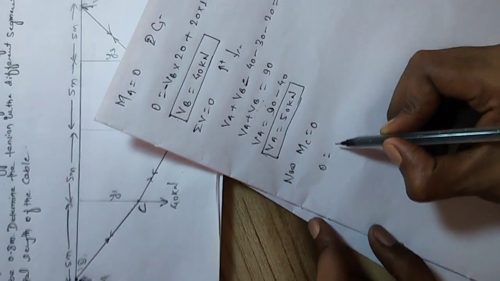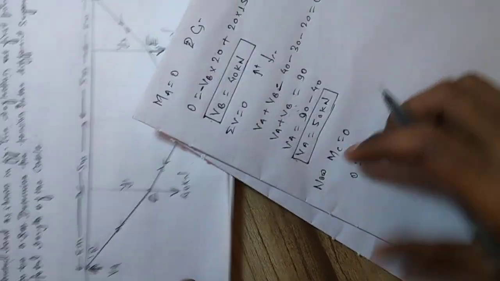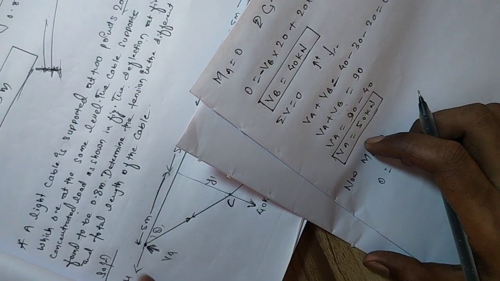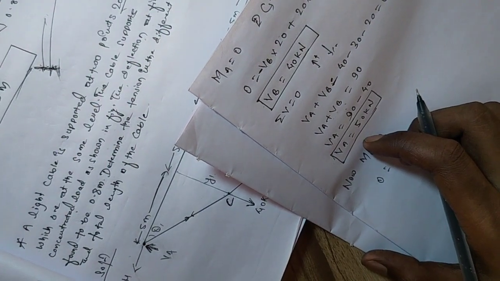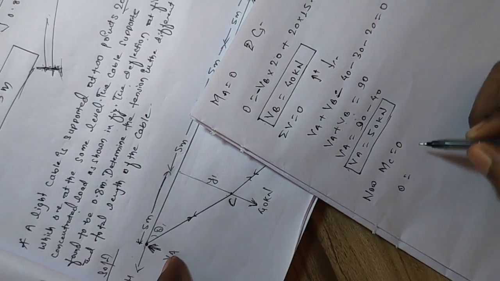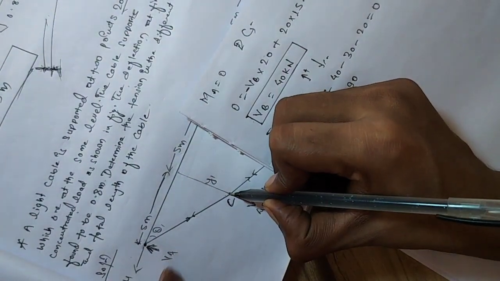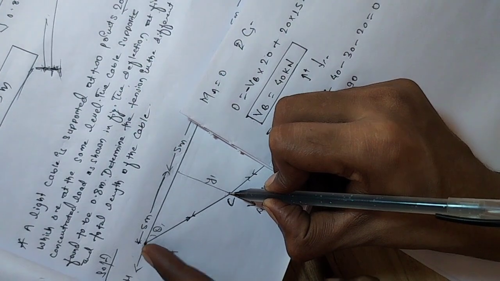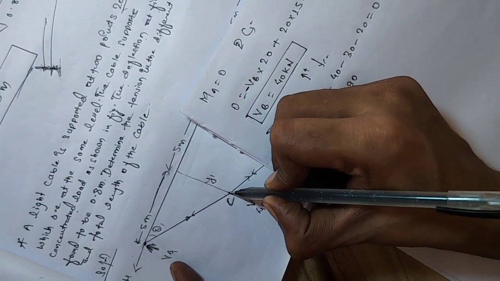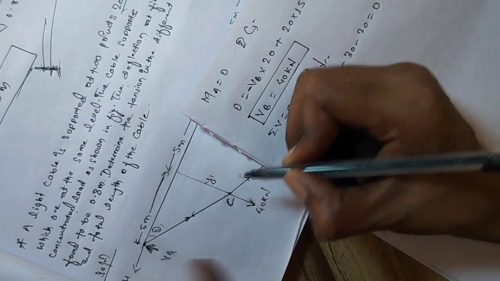VA is rotating clockwise and H is giving anticlockwise. C is the stationary point, and the perpendicular distance of VA about C is 5 meter.